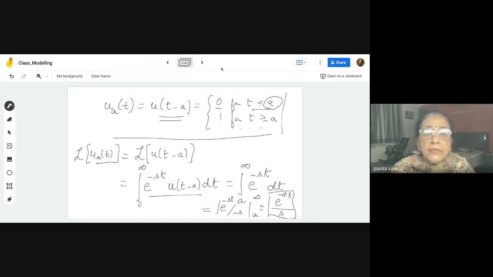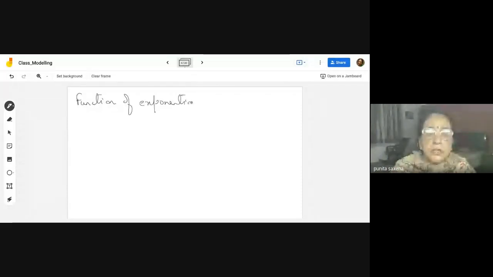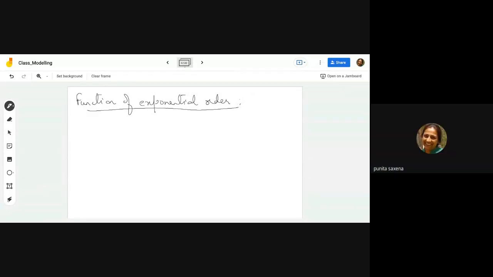Now, once we have defined piecewise continuity, we need to define another concept, which is called a function of exponential order. This is one more thing that we need to define. What do we mean by a function of exponential order? I'll just go by the definition and then try to explain it.